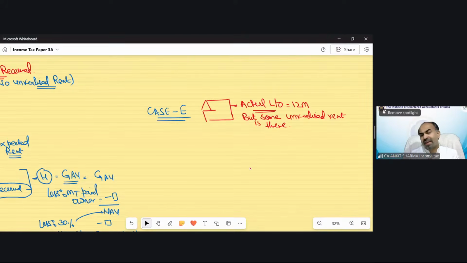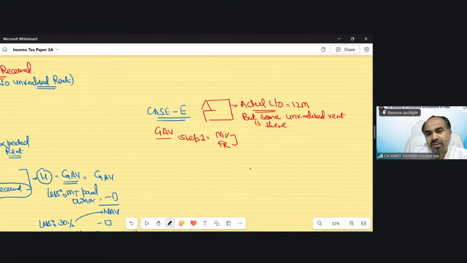So this case cannot fall in category D because in category D, we are going to solve when let out for 12 months and full rent received. Now D case and E case will only have one difference. We need to calculate the GAV in E case also. Step number 1, municipal value, fair rent, whichever is higher.